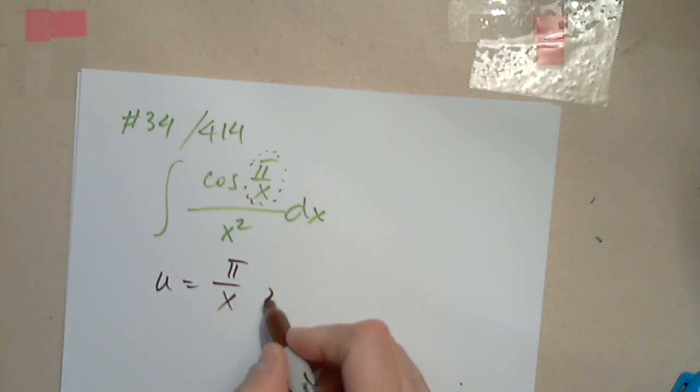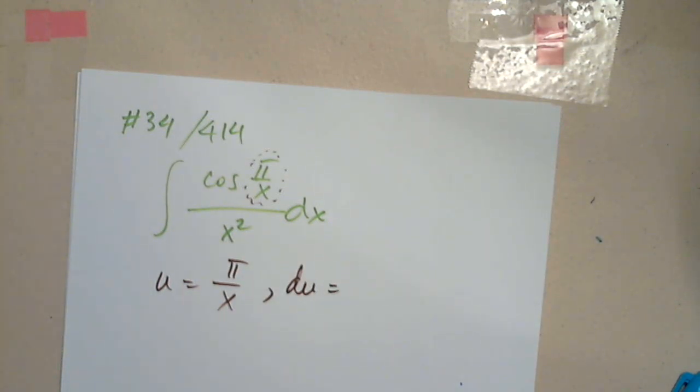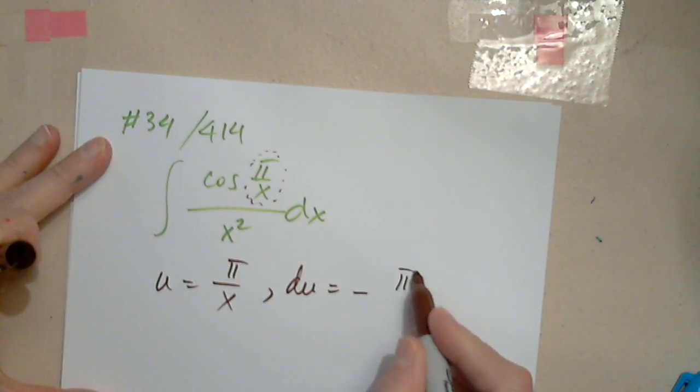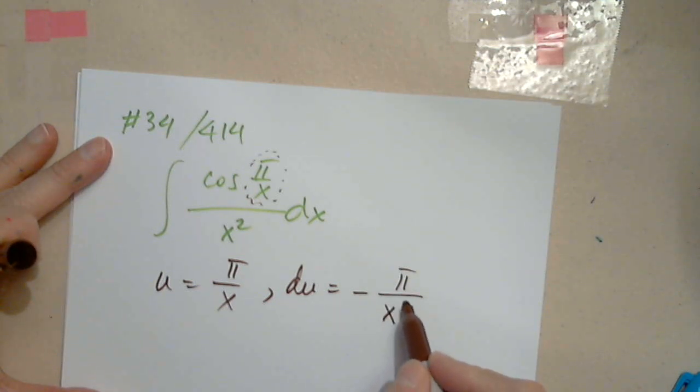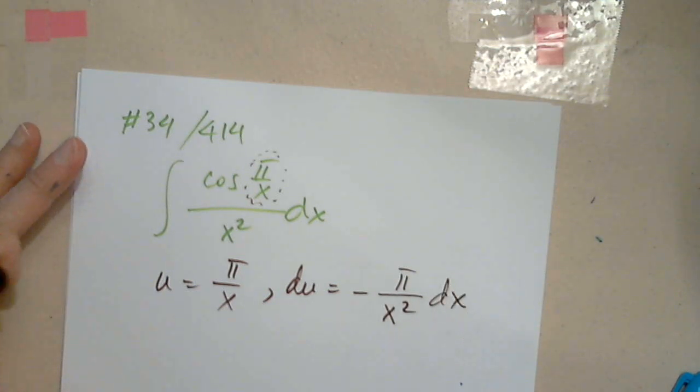But can anyone give us du in that case? And remember, we said that this is a very important formula to remember. So it's negative pi over x squared dx.